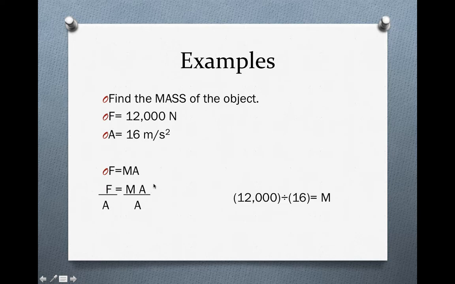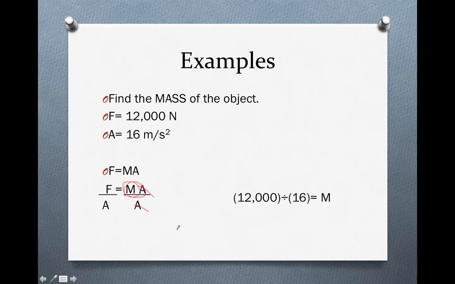All right, and we know from third grade math that any number divided by itself is 1, right? All right, so that will cancel out these two A's right here. Let's draw our little slash marks. All right, that cancels those two out, and we have just this M here.